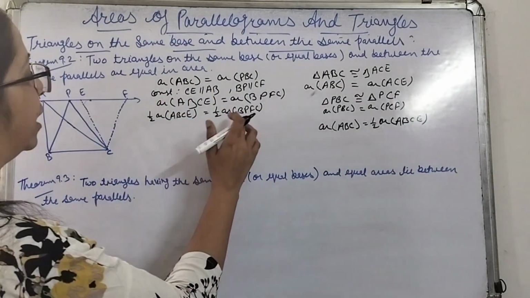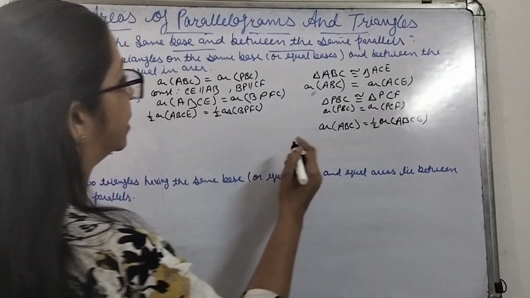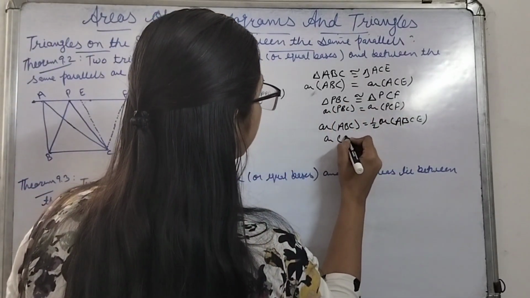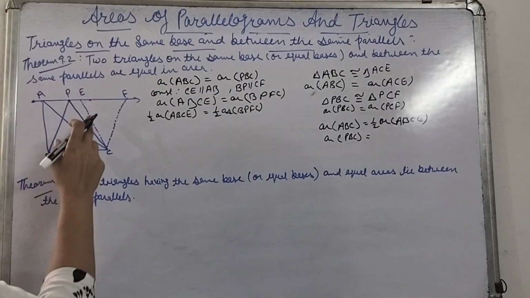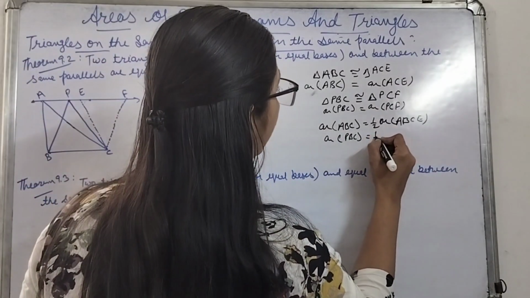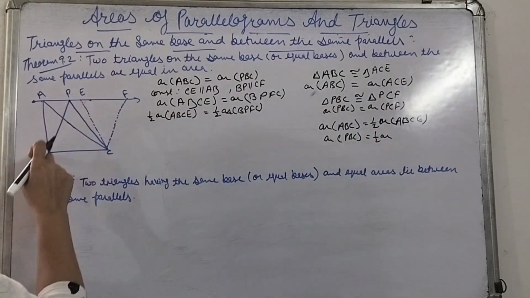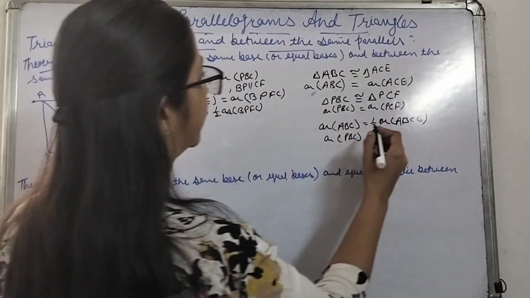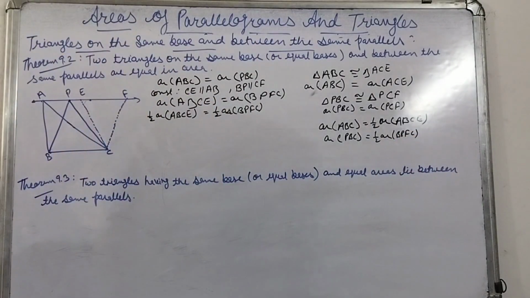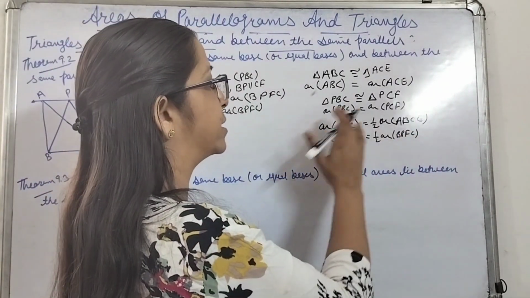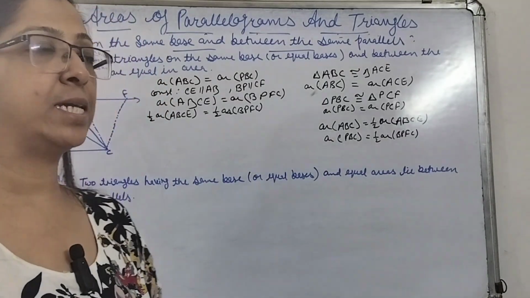Similarly, the area of triangle PBC will be half of the area of parallelogram BPFC, because the area of the triangle is half of the area of the parallelogram if they are on the same base and between the same parallels.